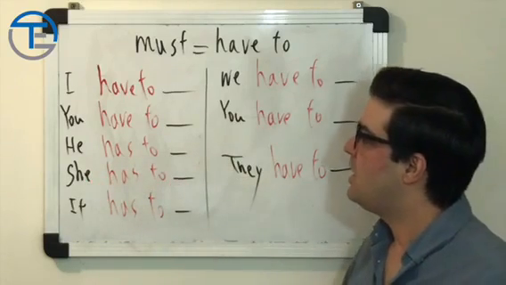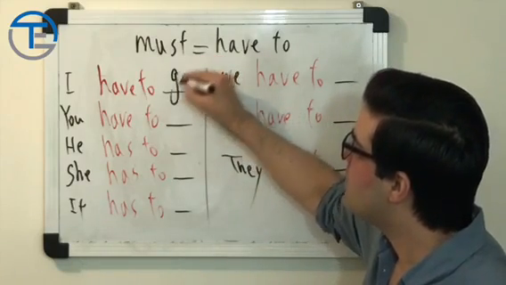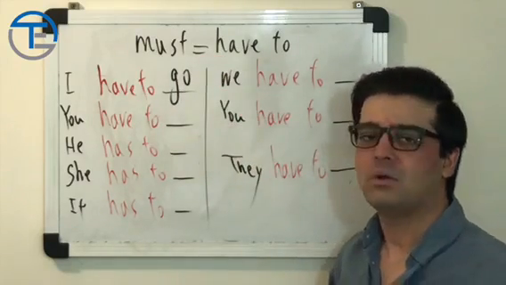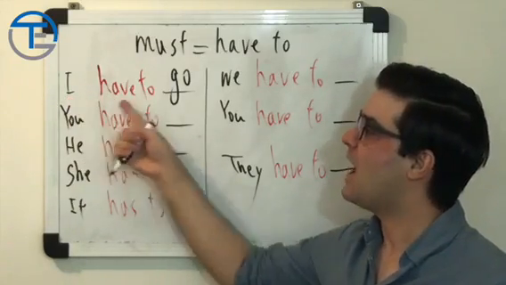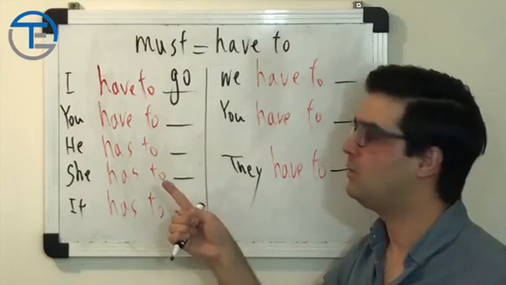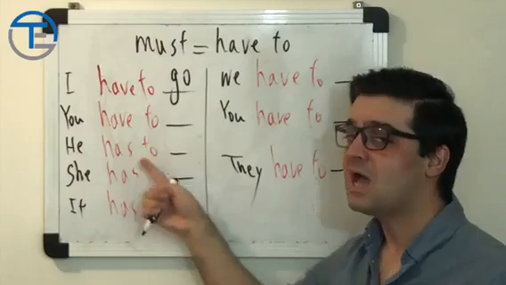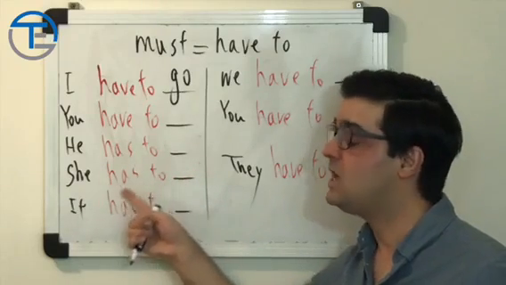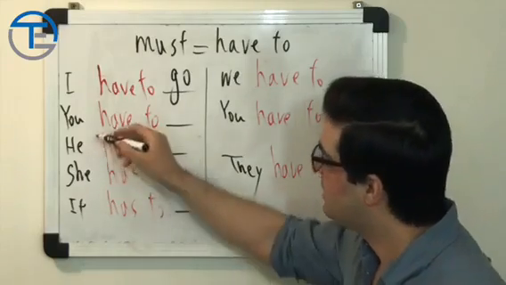So if we conjugate the verb go, we make a sentence like this: I have to go. You have to go. He has to go. She has to go. It has to go.